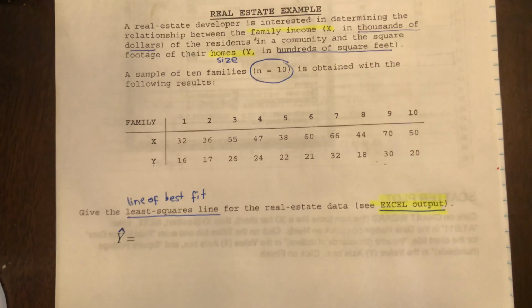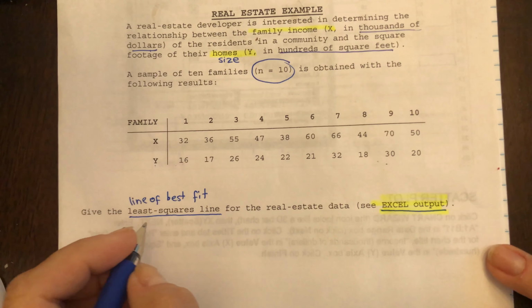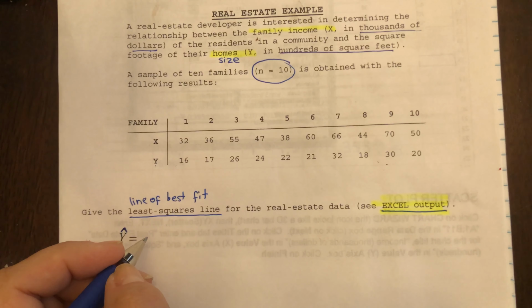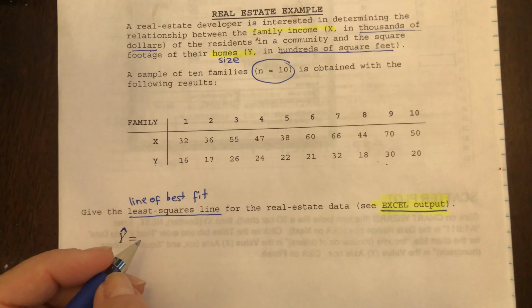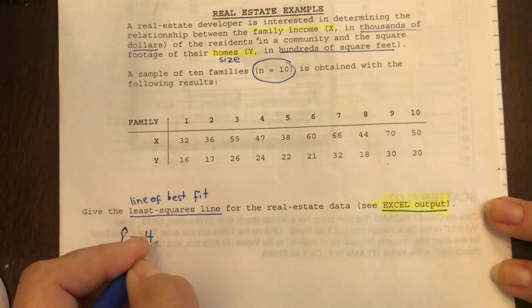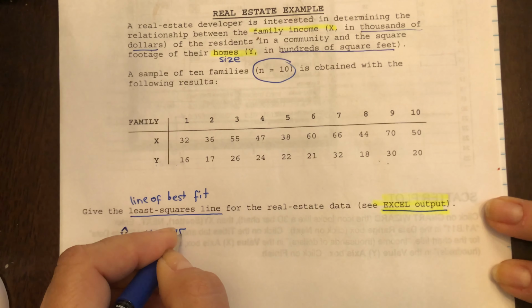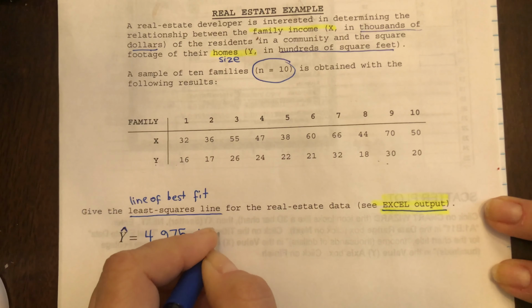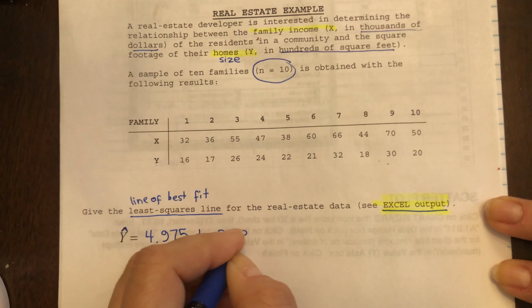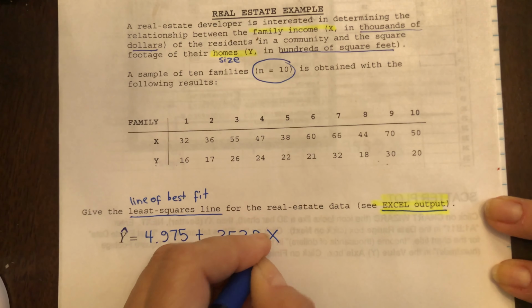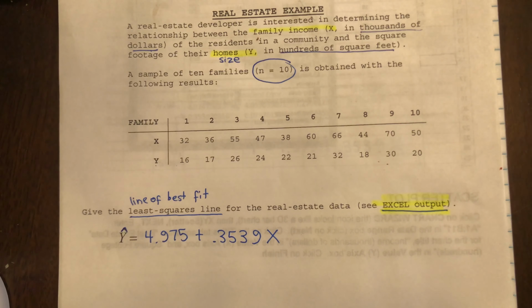So again, I'm going to write it here so that we have it for our notes. Okay, so the line is equal to 4.975 plus 0.3539.